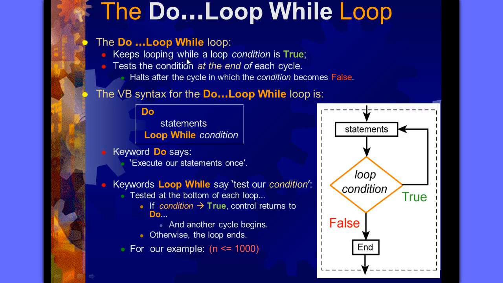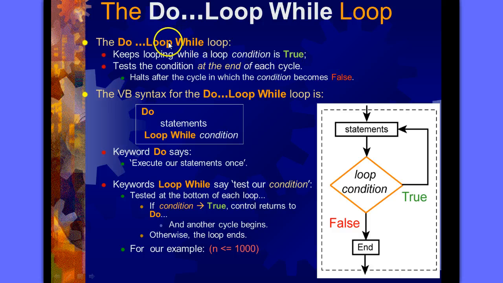Keeps looping while a loop condition is true, and tests the condition at the end of each cycle instead of at the beginning. Halts after the cycle in which the condition becomes false. So the other one halts before the cycle in which the condition becomes false, right?